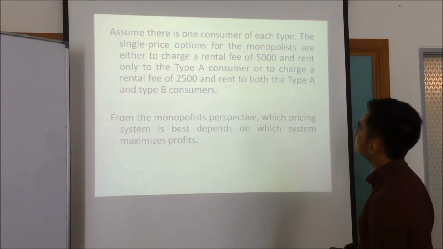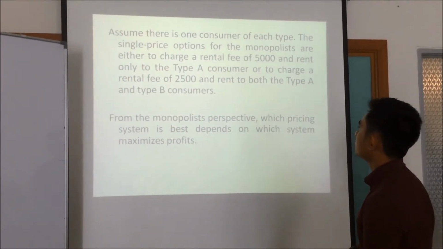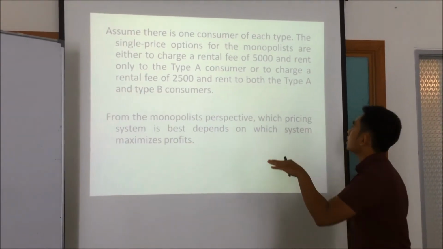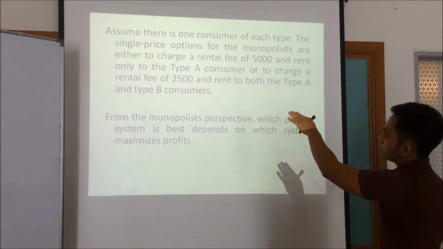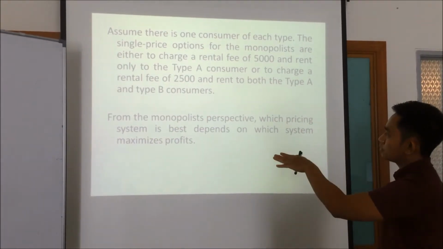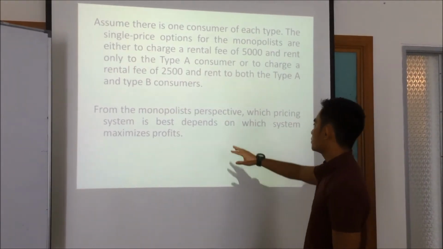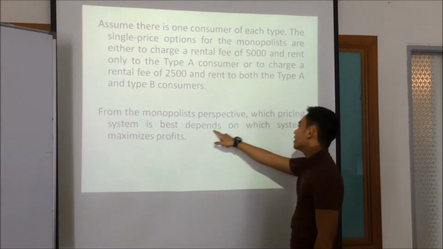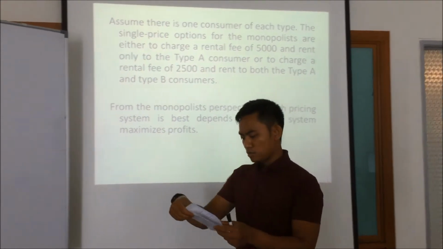The single price options for the monopolist are either to charge a rental fee of 5,000 and rent only to type A, or to charge a rental fee of 2,000 and 500 to rent to both type A and type B. From the monopolist's perspective, which pricing system is the best? The best depends on which system maximizes profit. We must do a calculation.